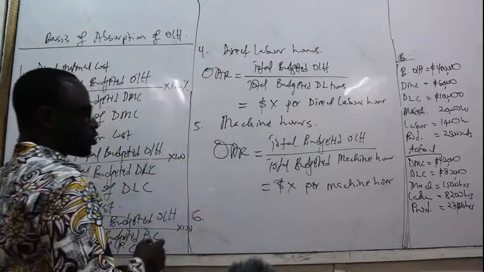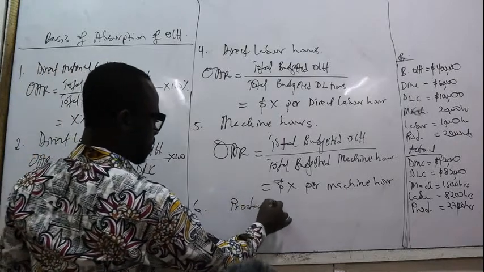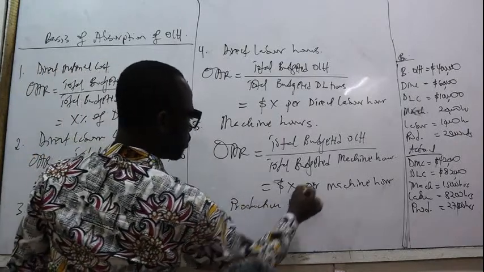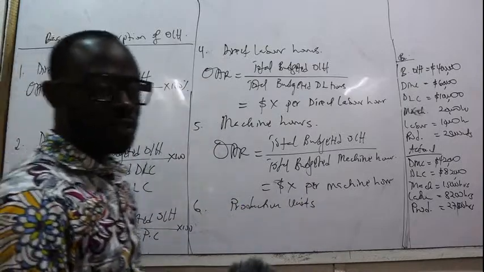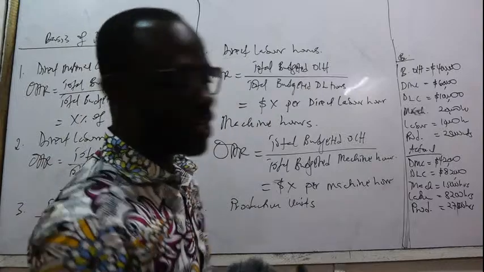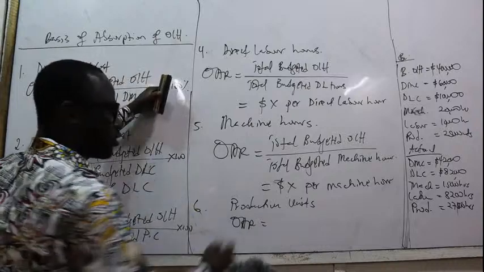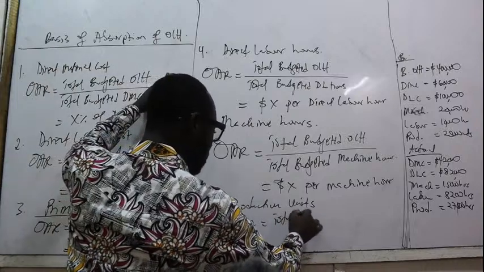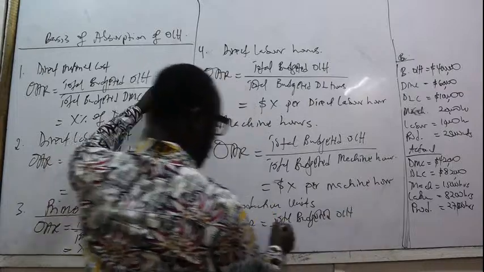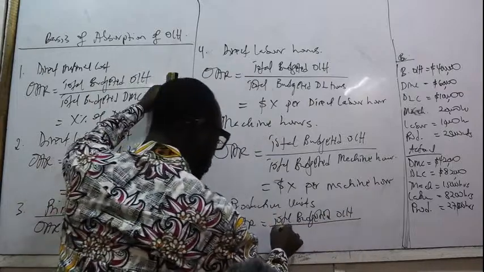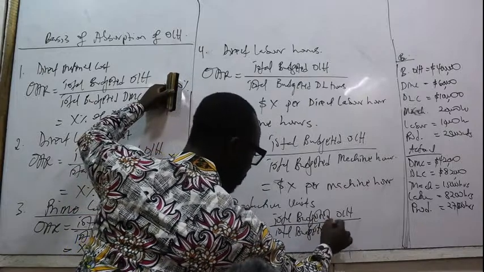Then the last one is going to be production unit. So absorbing the overheads using production units. If we are absorbing the overheads using the production unit, what do we do? So overhead absorption rate is going to be equal to the total budgeted overheads, all right, divided by the total budgeted production units.